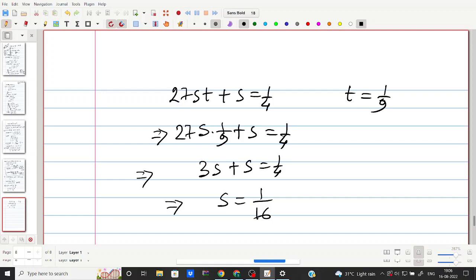So 6 plus 2, 8 by 4 cubed. So this means 1/8, right? Is it okay? 1/8. Let me just show you question number 8. 1/8 is accepted. So the answer is 1/8.